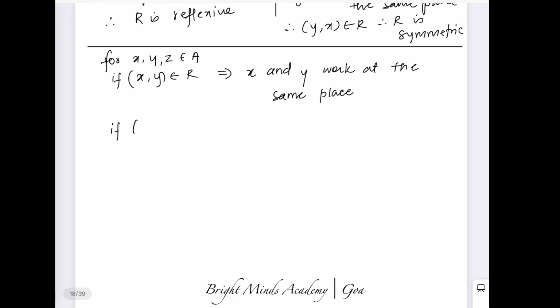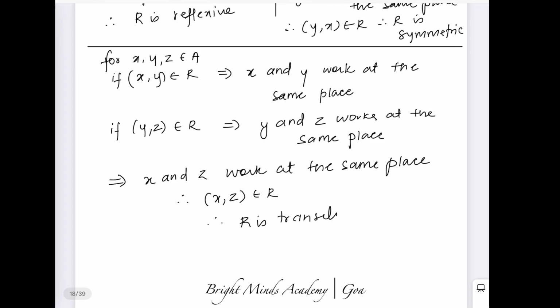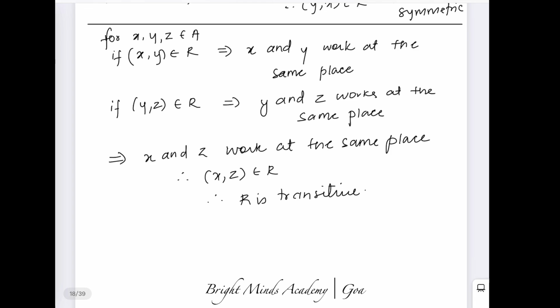We can also consider that (y, z) belongs to R, which implies that y and z work at the same place. x and y work at the same place, y and z also work at the same place, so x and z work at the same place. Therefore (x, z) also belongs to the relation R, and therefore R is transitive.